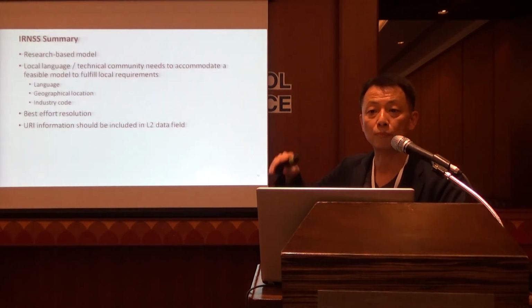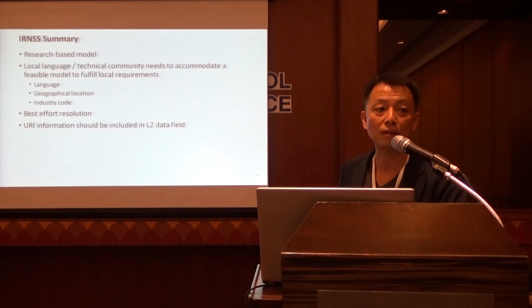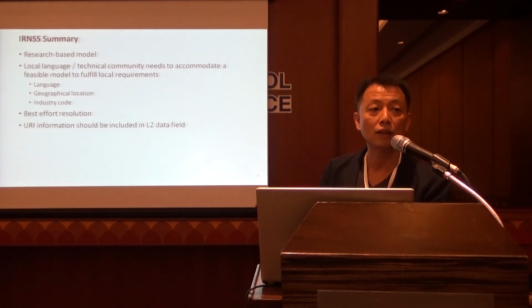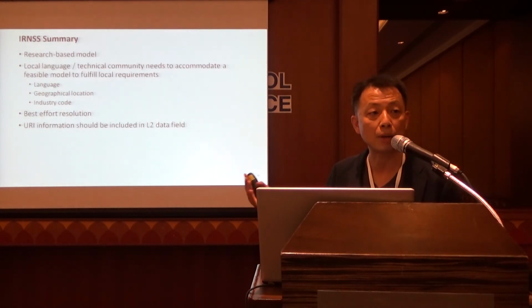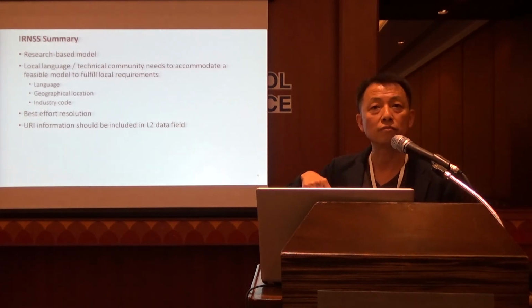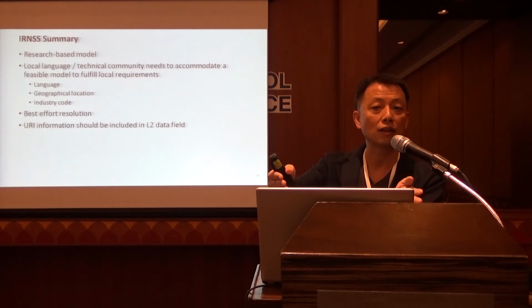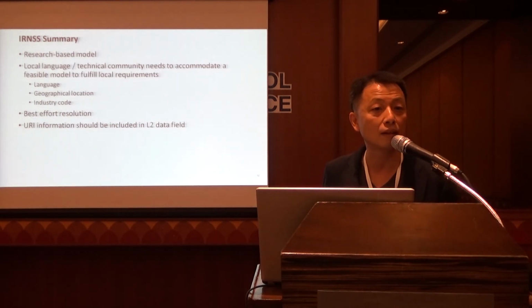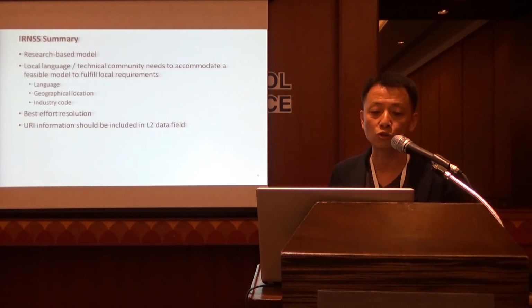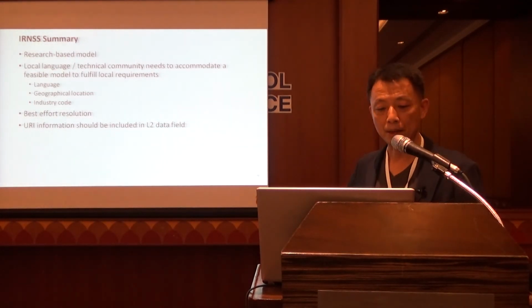The service operator needs to go through some sort of public review to be certified. For example, in Singapore or Thailand, only one certified public registry is eligible to provide IRNSS based on the geographical attribute. For example, anything referred to Thailand, please send the query to my database. So only an authorized agency will be eligible to provide that kind of service. So that's the best effort resolution.